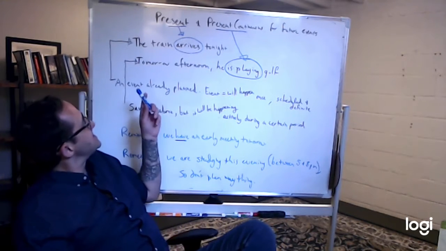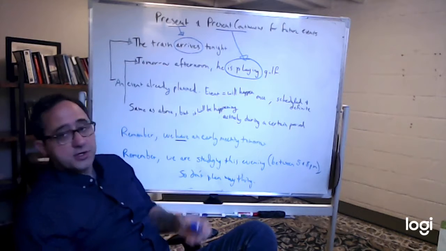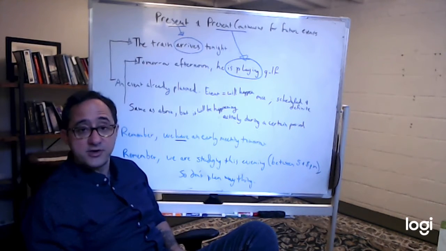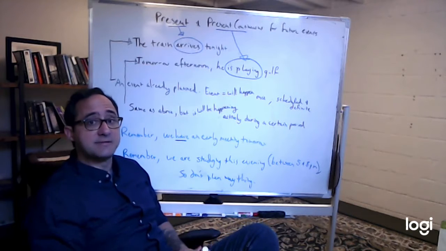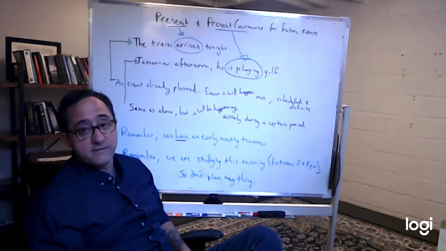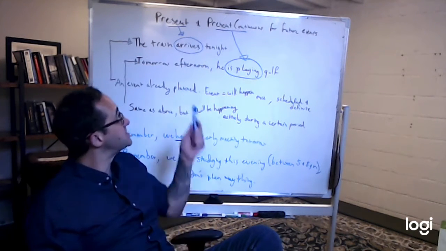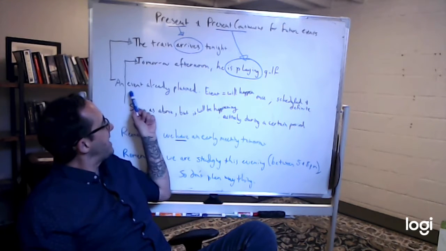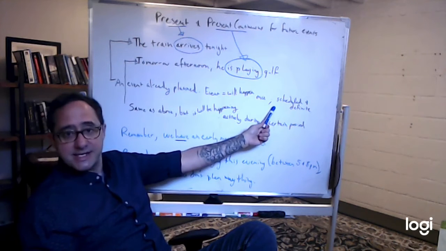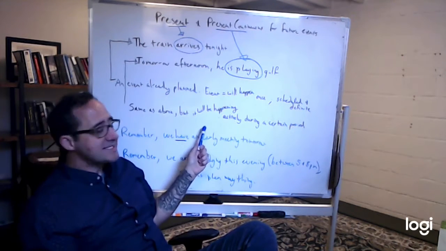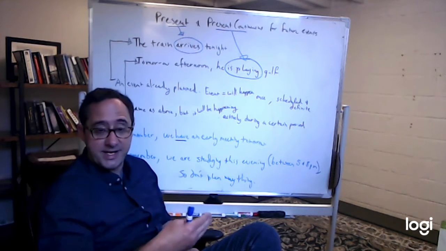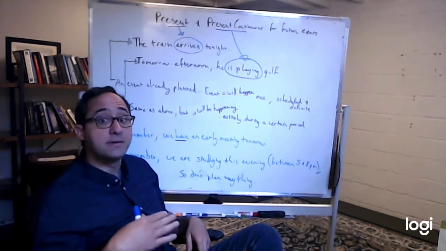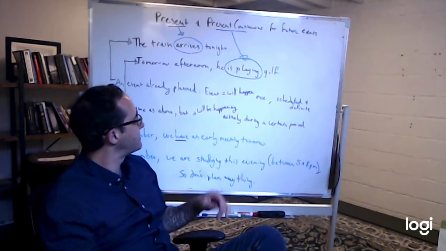We can also say something like this. Tomorrow afternoon, he is playing golf. Instead of saying he will be playing golf, we can use the present continuous. What's the difference? It's the same as the present tense, except it's something that will be happening, usually during a fixed period of time, not just tomorrow, but tomorrow afternoon.